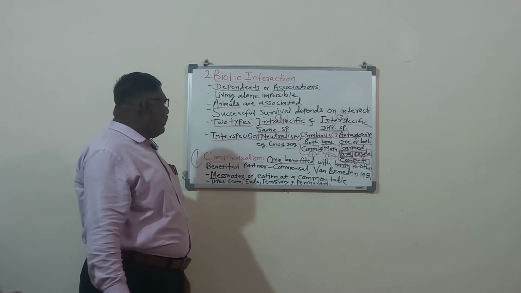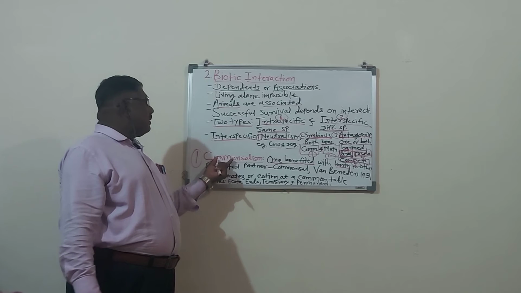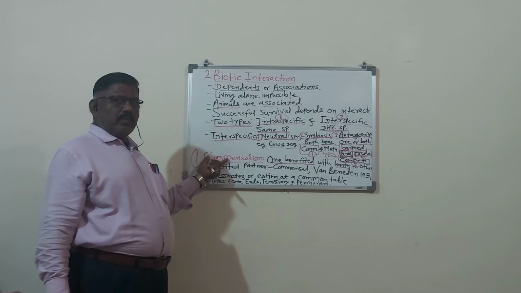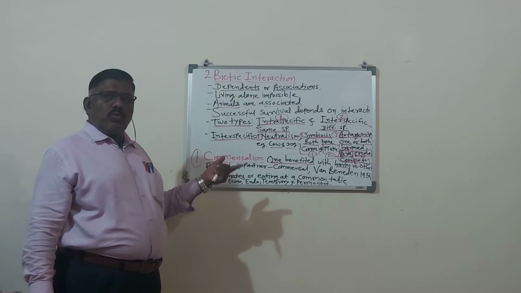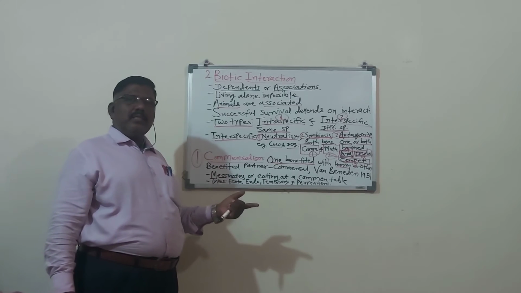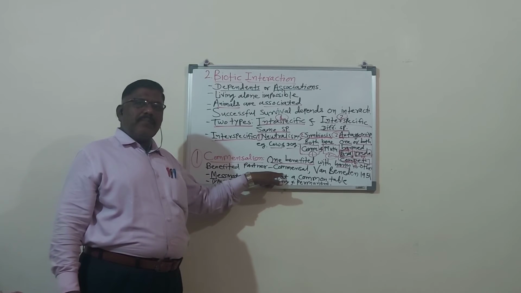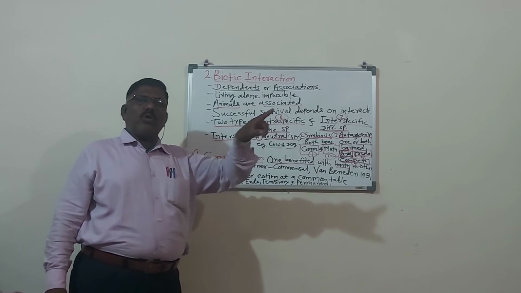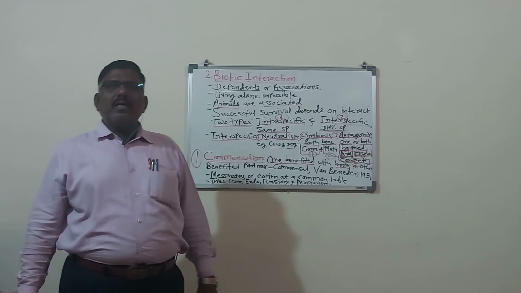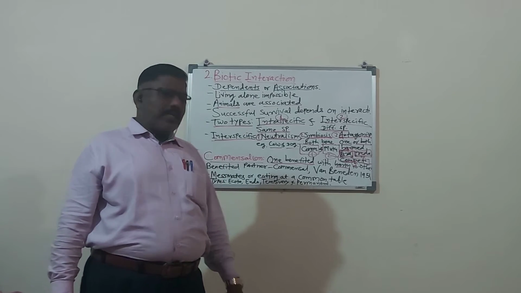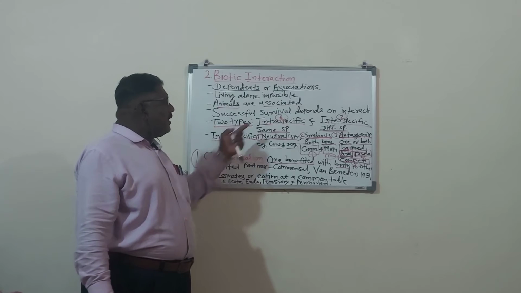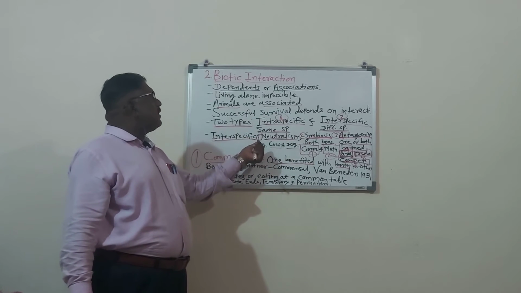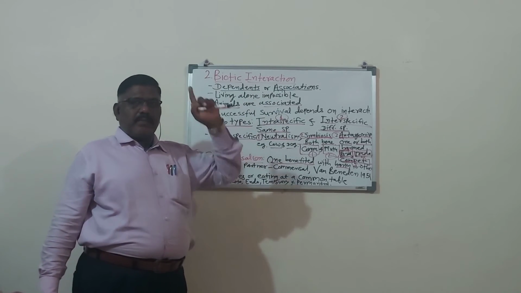This type of interaction is called commensalism. What is commensalism? The biotic interaction in which one partner is getting benefit without harm to the other partner is called commensalism. Commensalism is a symbiotic interspecific relationship or biotic interaction.